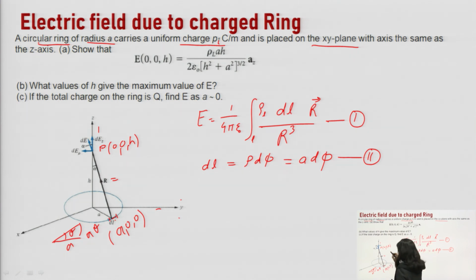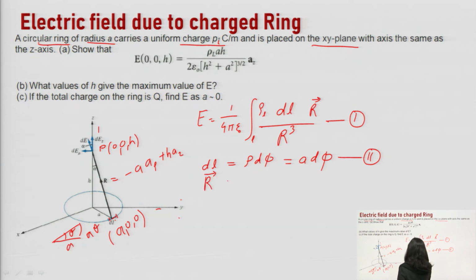So r will be equal to final point minus initial point. So 0 minus a will be a rho. Then 0 minus 0 a phi will be 0. Further h minus 0 az, so it will be h az. So we got r also.